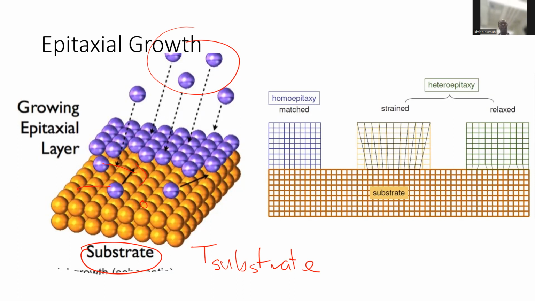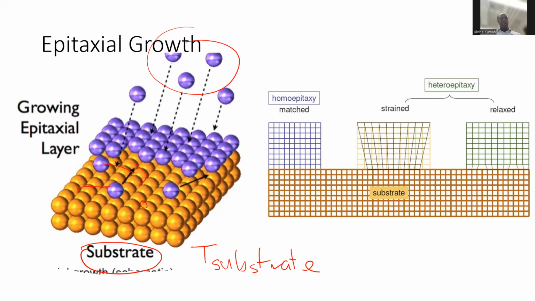Because of this thermal energy, the atoms are not going to just clump up and form islands, but will form one layer, then the next layer, and then the next layer. This growth process is referred to as the layer-by-layer epitaxial growth mode.